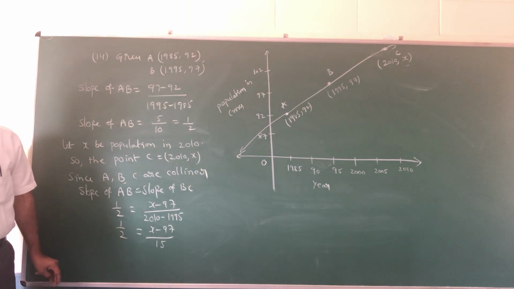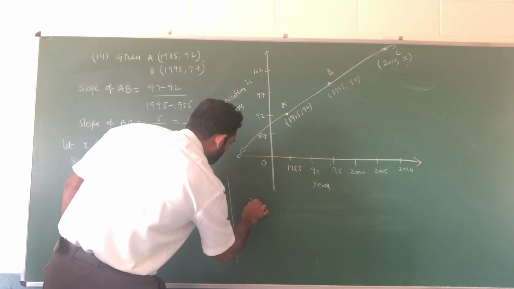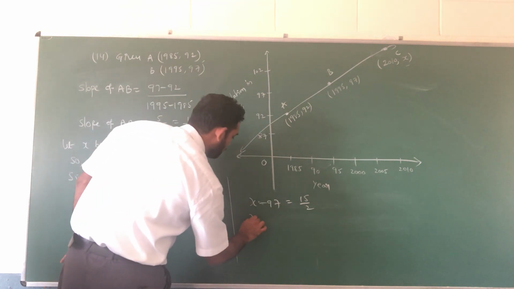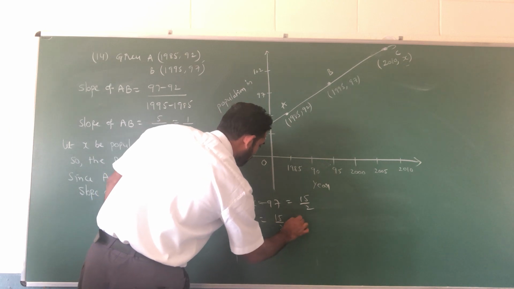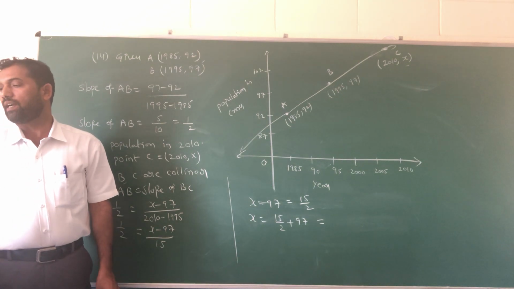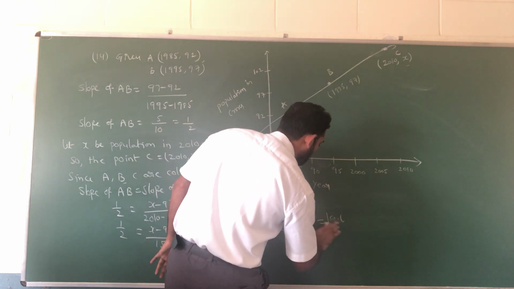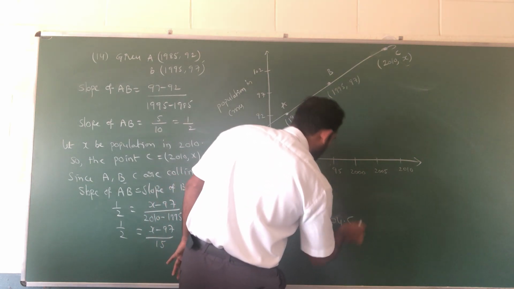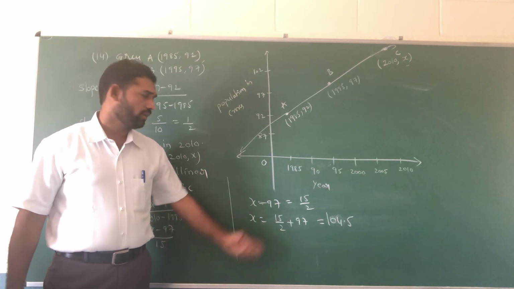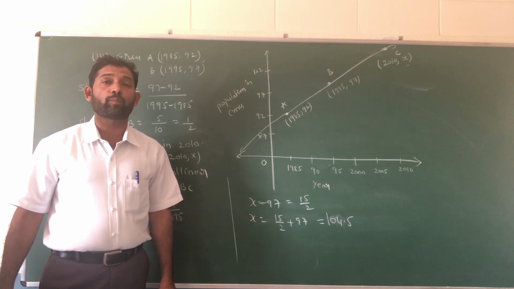Again you do cross multiplication. So what are we getting? X minus 97 is equal to 15 by 2. So x is equal to 15 by 2 plus 97. Take LCM 2 and simplify, we get 104.5. 15 by 2 means how much? 7.5. 7.5 plus 97, both added, how much do you get? 104.5.